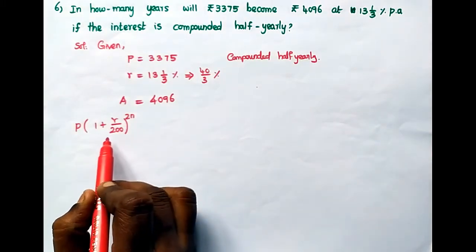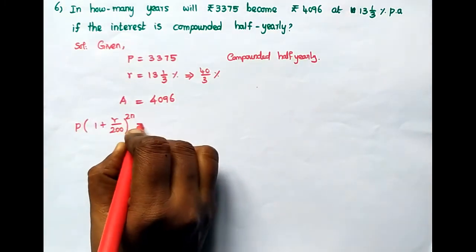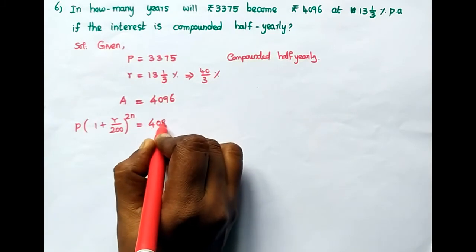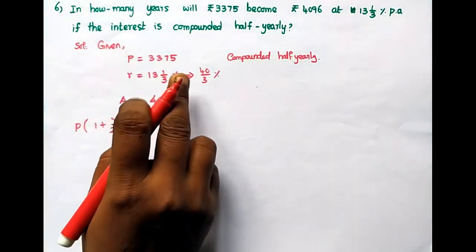In 1 year means 100, here also only n there, but here half yearly means 200, here 2n equal to 4096. Now apply the values.